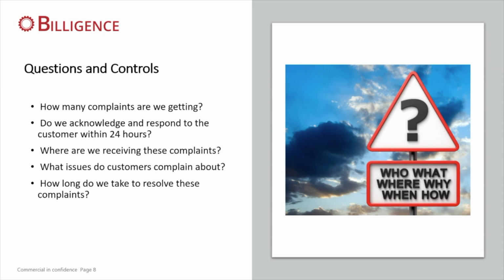Where are we receiving these complaints? Is it from a channel that we can manage and we are able to respond in time? And do we have enough resources to actually respond to these disputes? What issues do customers complain about? And how long do we take to resolve these complaints?